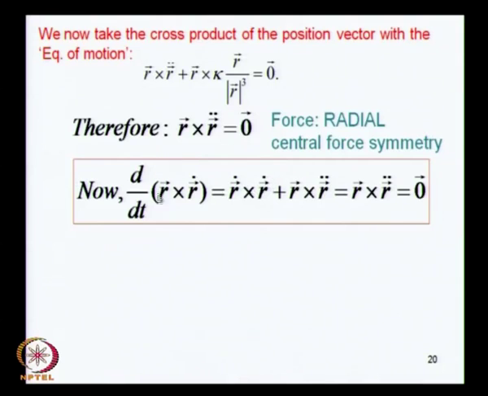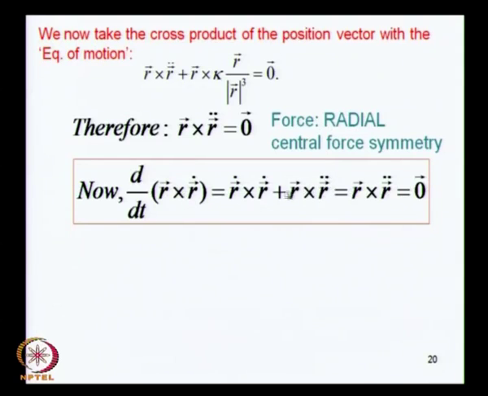Now, we use a simple algebraic identity, which is that the time derivative of a cross product of position and velocity vector will be the time derivative of the first vector, its cross product with the second vector, plus the first vector and the cross product with the time derivative of the second vector.